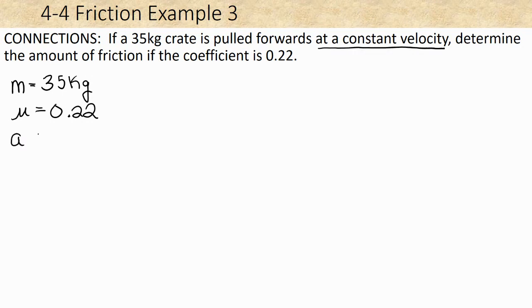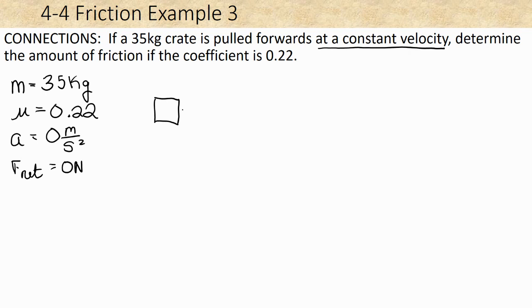That means that the acceleration is 0, which by extension means that the net force is also 0. Now, our next step is to draw a free body diagram, because in this case, we don't have the normal force to calculate the friction.